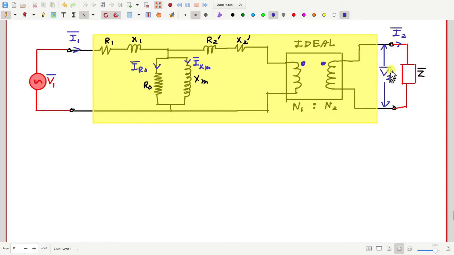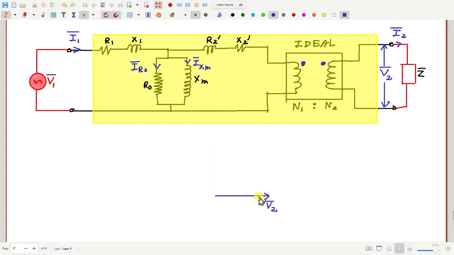So I will start with V2, but note that V2 is not known a priori. But still, suppose V2 is here. I don't know how long is this V2 or what is the phase angle, but still, suppose this is V2.